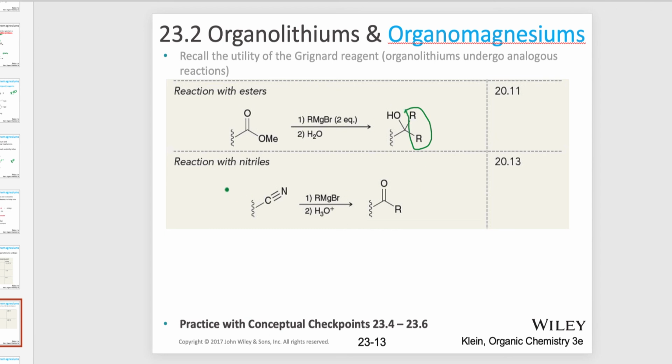And we have also seen how R:⁻ can react with nitriles, and the reaction begins by actually attacking this delta positive carbon, and the mechanism was discussed previously. You may want to look at chapter 20 again, and then again I recommend that you practice a lot of this material so you can understand the gist of these conversions.